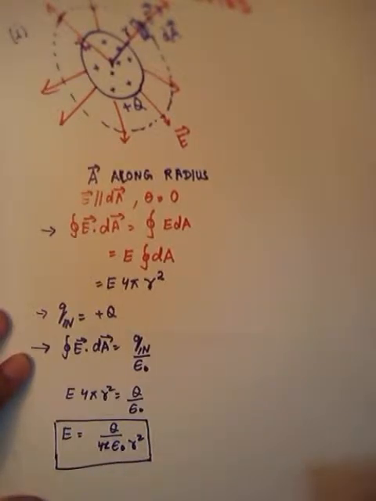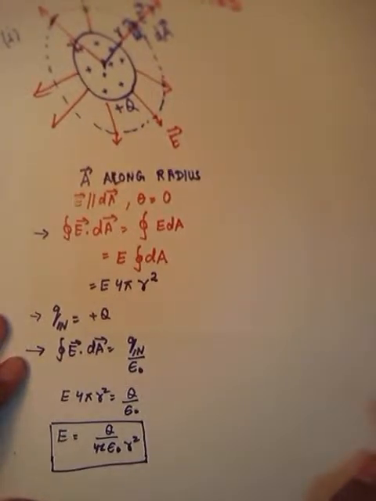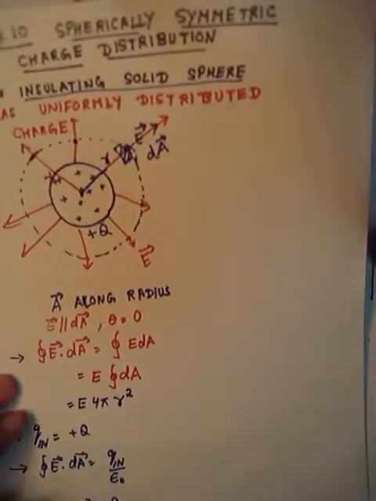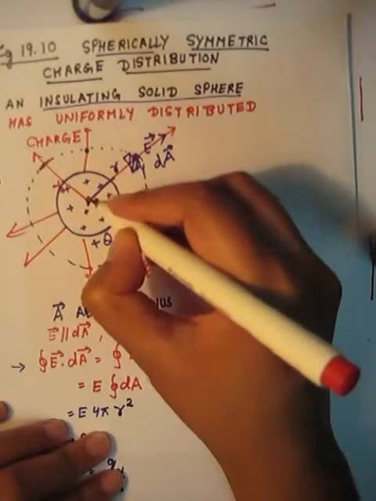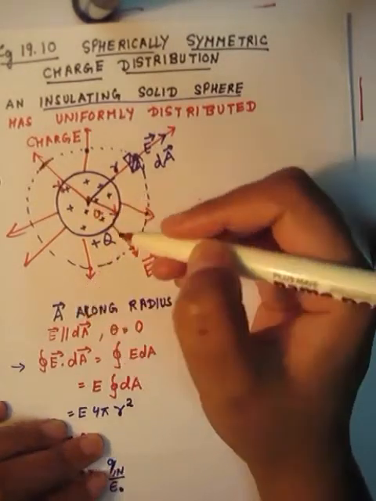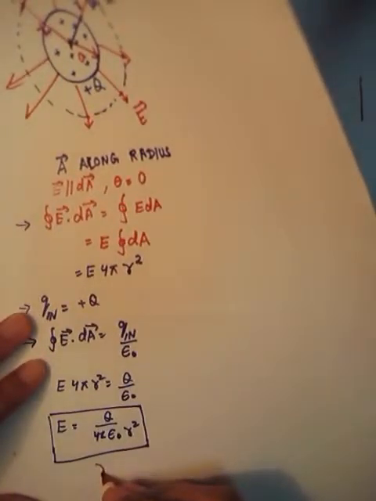This will be the electric field due to this charge distribution outside the sphere. The radius of the charge distribution is A, and so this equation is valid for r greater than A.